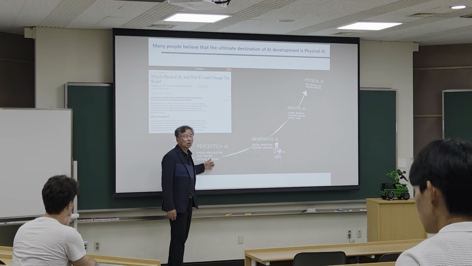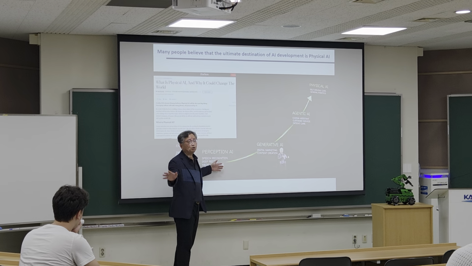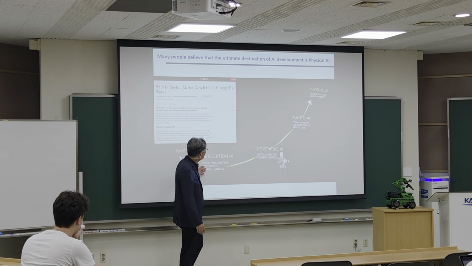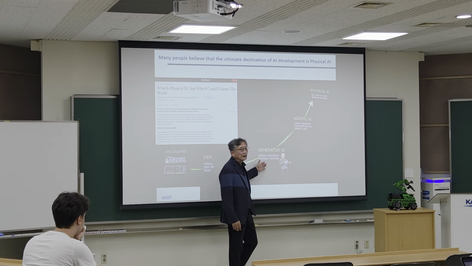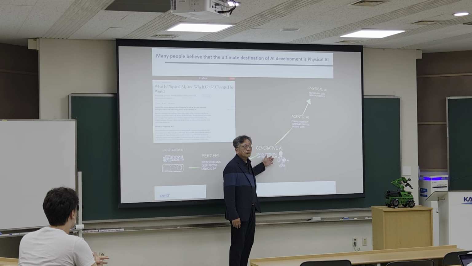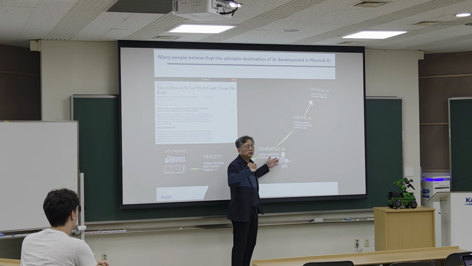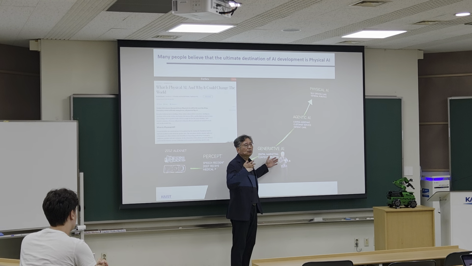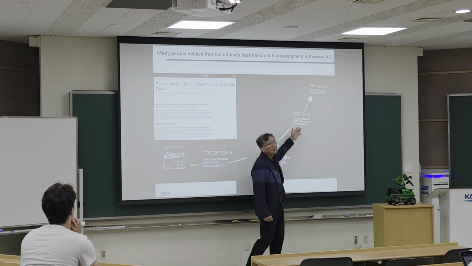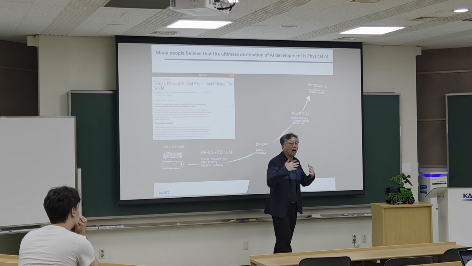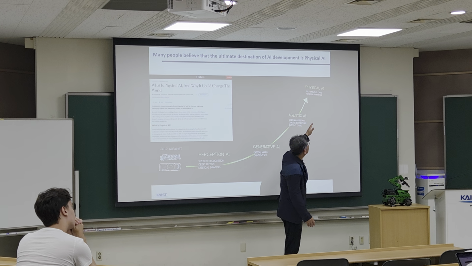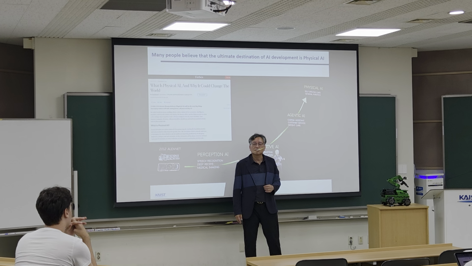Perception, computer vision, perception of the world, sensing the world, generative AI, producing text, producing images, producing policies for robots, agentic AI to do more complicated tasks autonomously. Then there is physical AI.